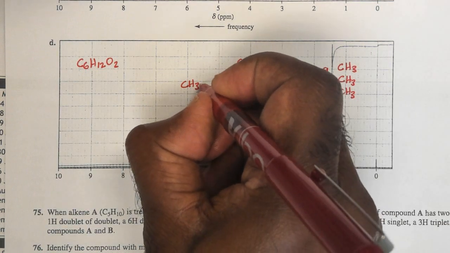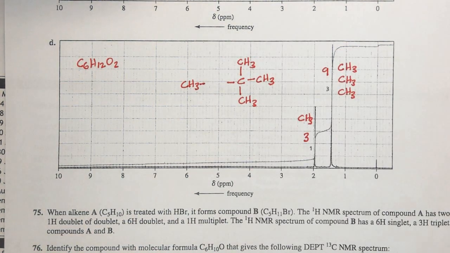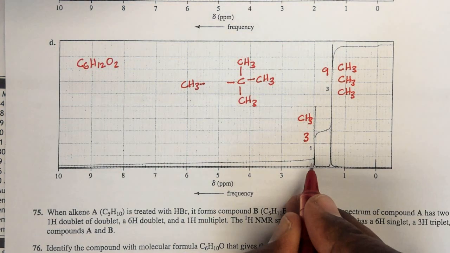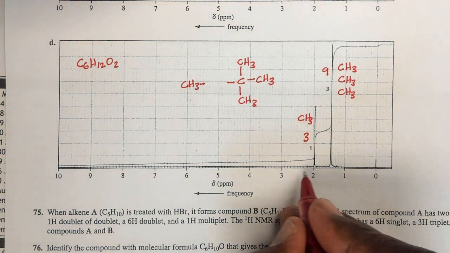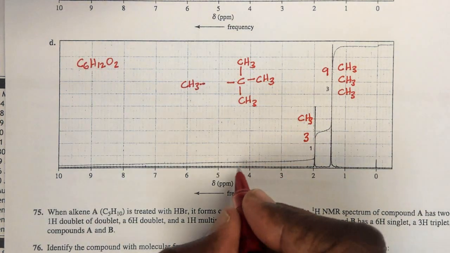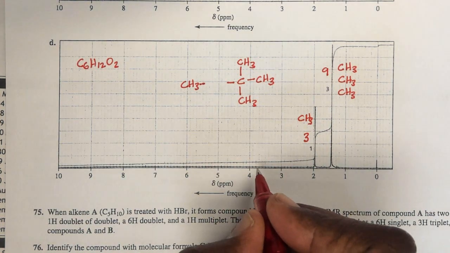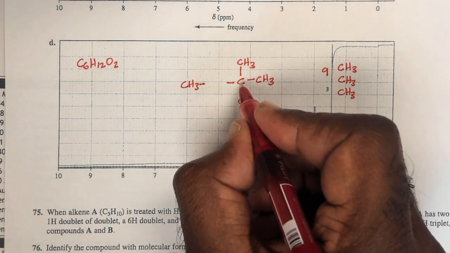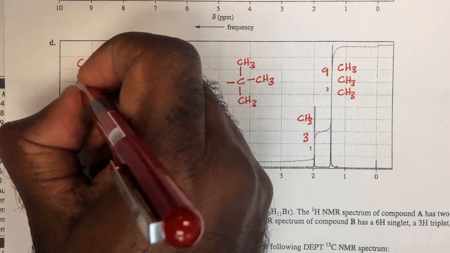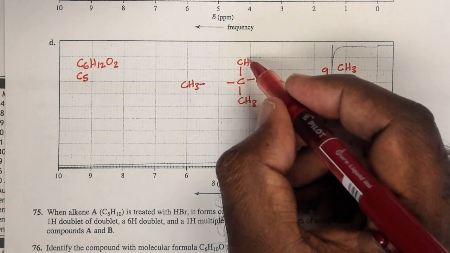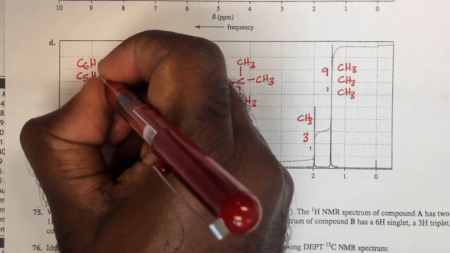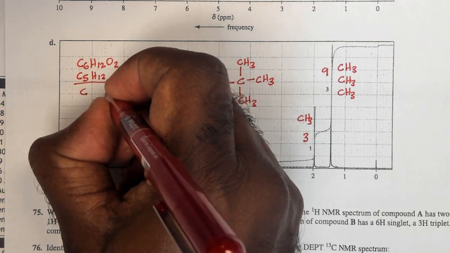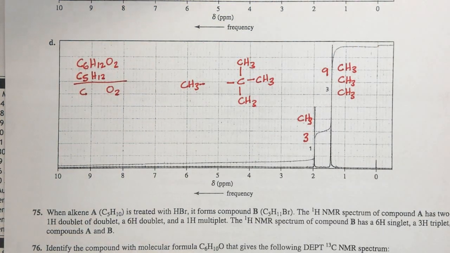And then I can now subtract these 2 fragments from here. Note that none of the protonated groups are next to the electronegative oxygen atom because otherwise I would get peaks here, and I don't. So I end up with 1, 2, 3, 4, 5, C5, H3, 6, 9, 12. No oxygens. I end up with C and 2 oxygens.